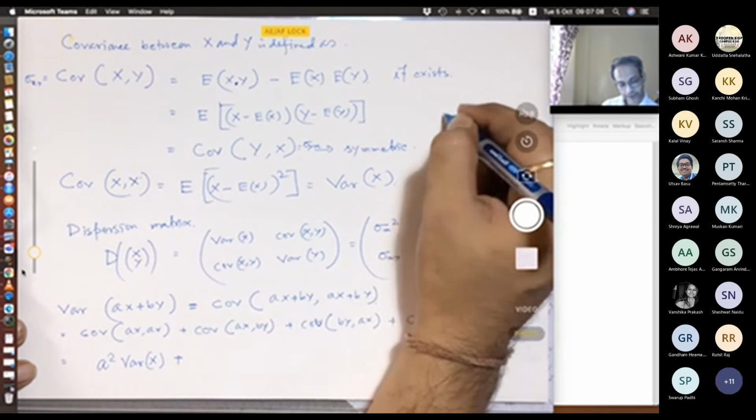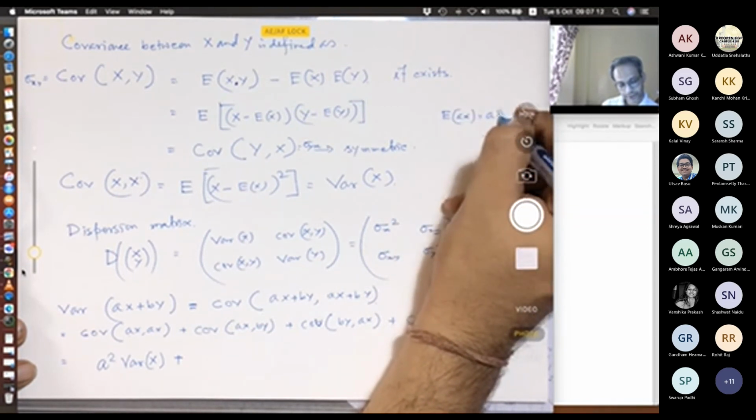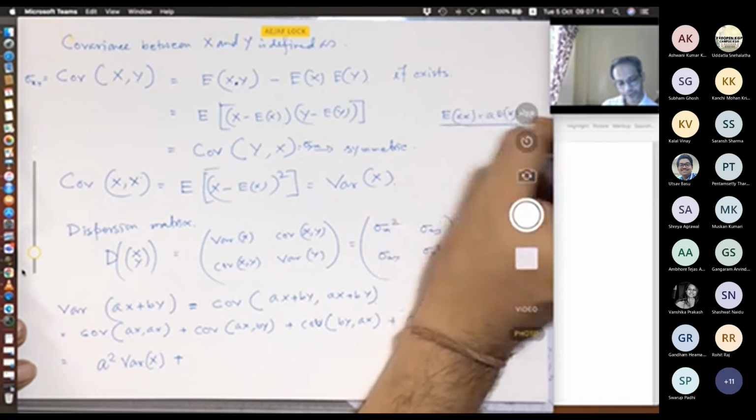Use this property, that expectation of ax equals a into expectation of x, which is trivial to note.